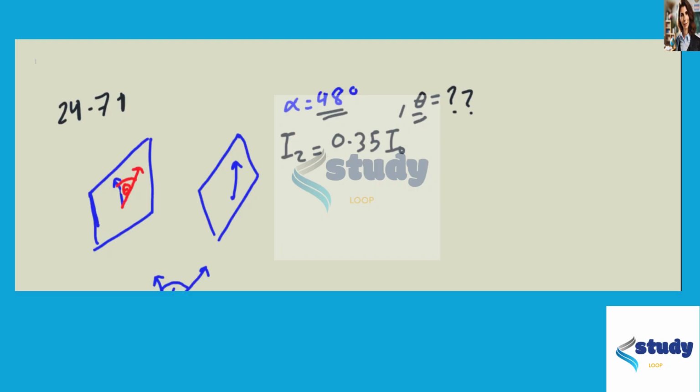So we know that I1, the intensity of the light after the first polarizer, will be I naught cosine squared of the angle between them, theta, which is what we are solving for. When the light comes out of the first polarizer, its polarization will be in the same direction as the optical axis, so it will be at a 48 degree angle from the optical axis of the second polarizer.